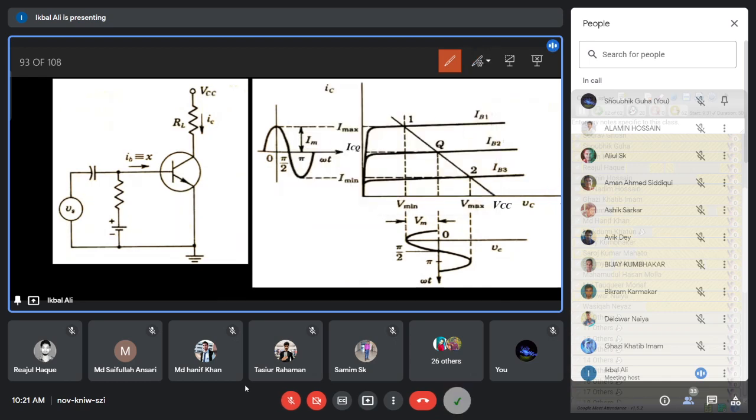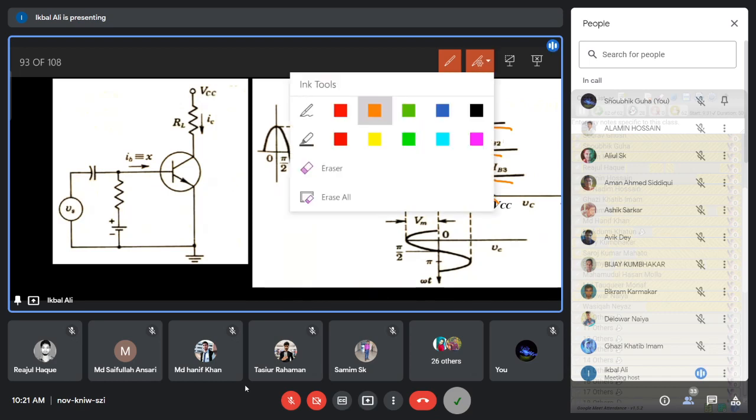These are the characteristics of the transistor for three different base currents, IB3, IB2, and IB1. We have chosen these three different characteristics in the curve. And if you plot the load line, it is the load line of the output side of the circuit. We have discussed this one.